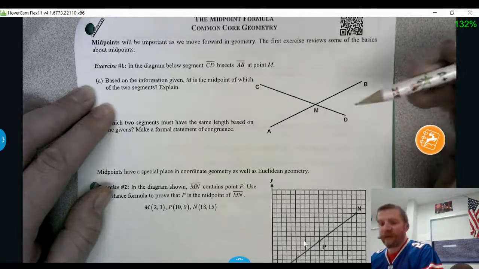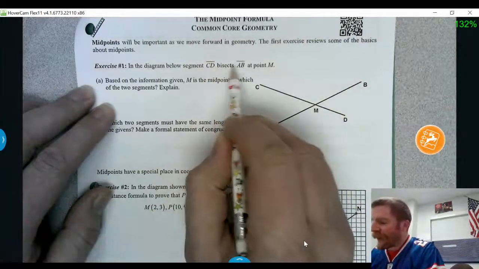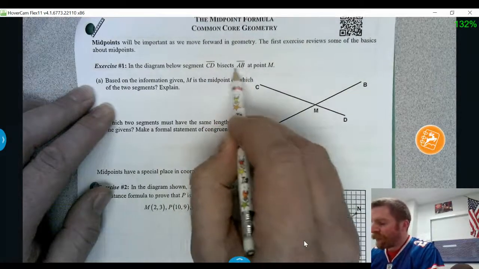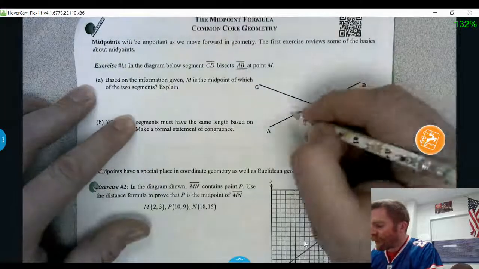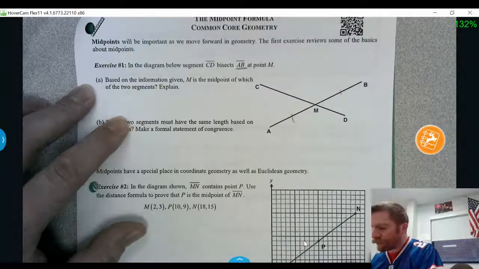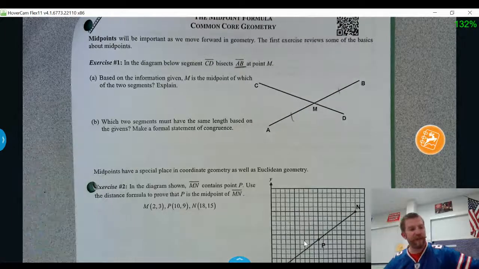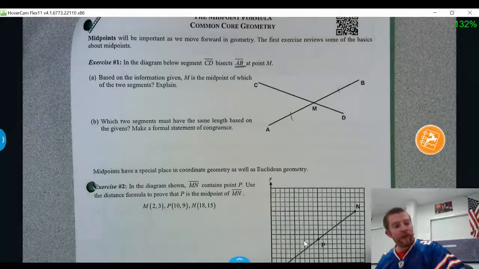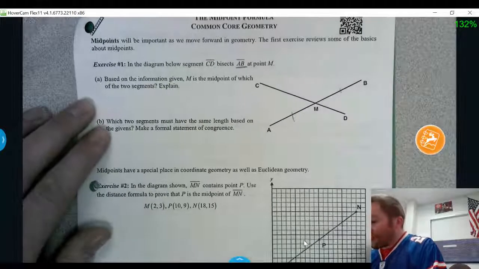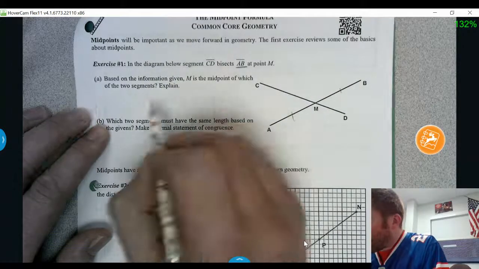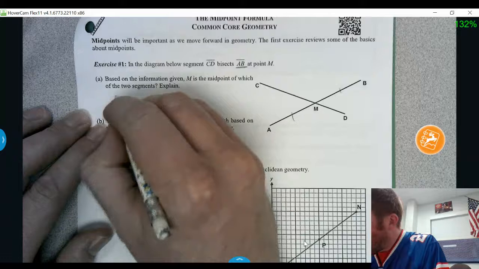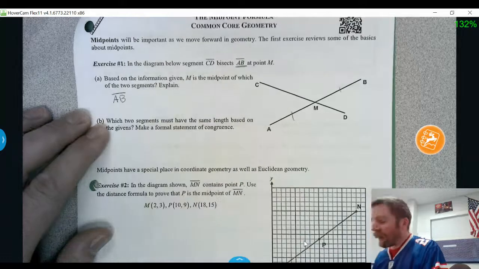If we were given right here that CD bisects AB, the word after it is what's being cut into two equal pieces. Based on the information, what do we know? So M is the midpoint of AB.